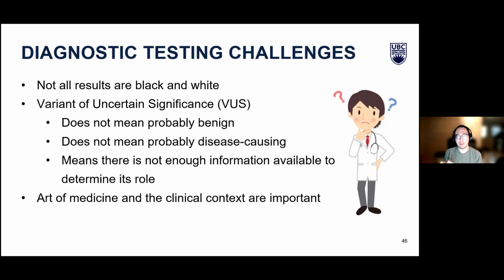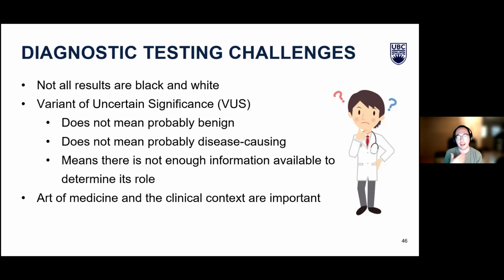If we find a VUS, it doesn't mean that it's probably benign, but it also doesn't mean that it's disease causing. It simply means that there's not enough information in the literature for us to be able to determine whether or not it's associated with the disease that we're seeing in a patient.